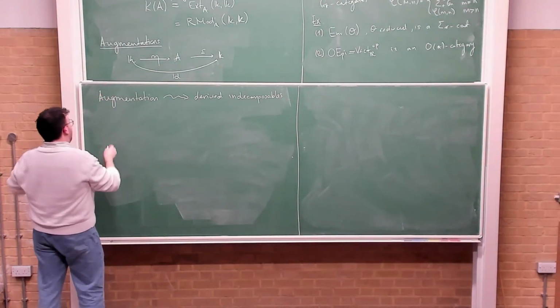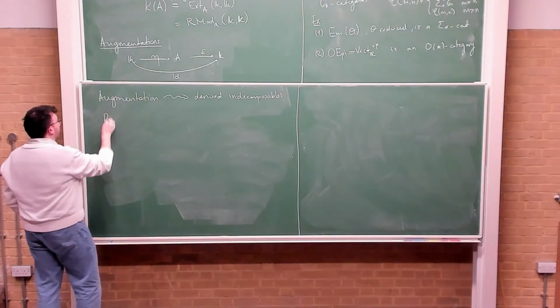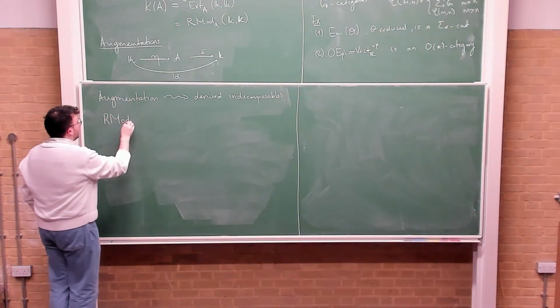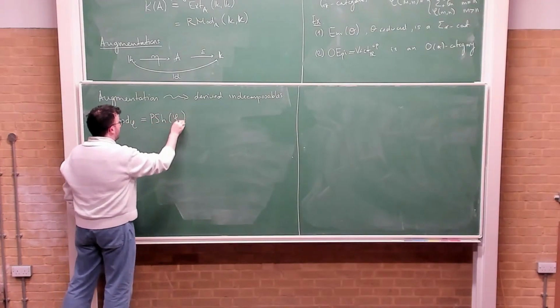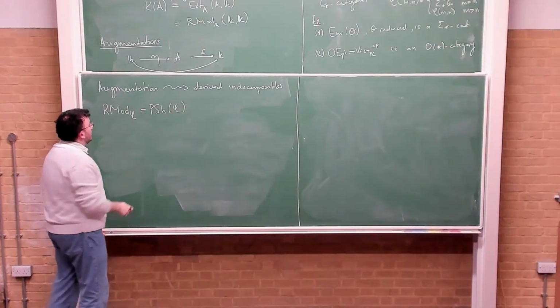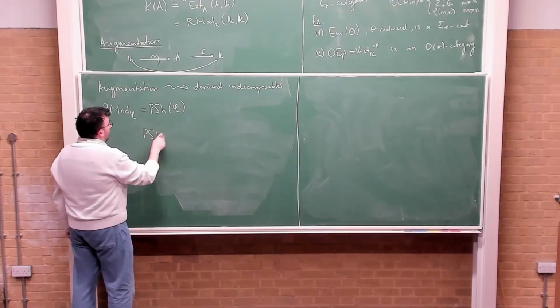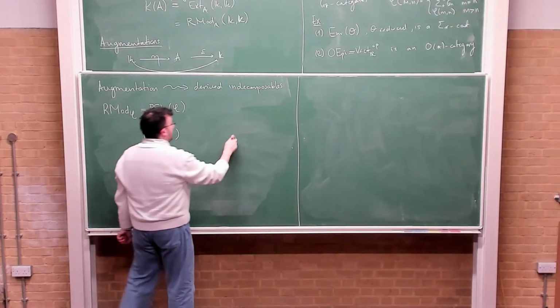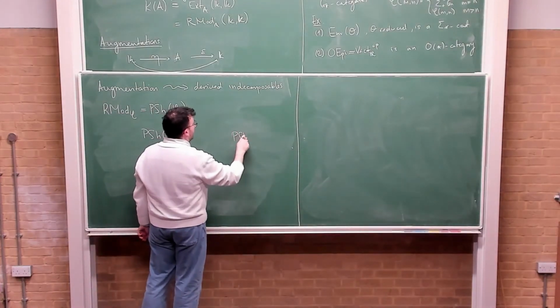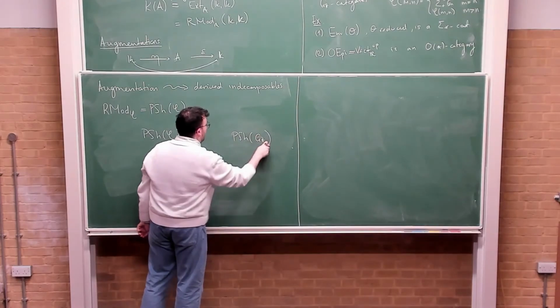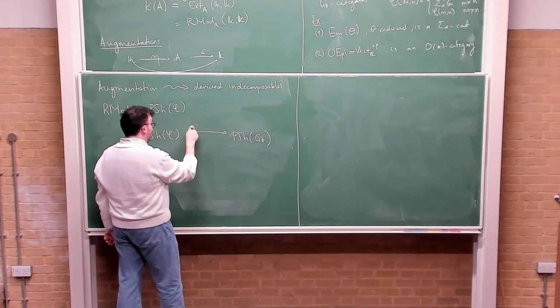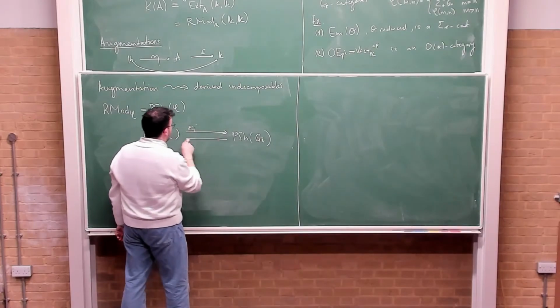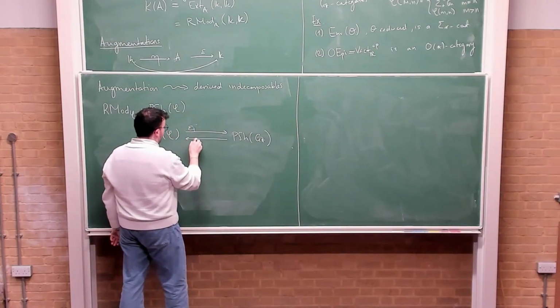For example, if I have a right module over such a C, take pre-sheaves on C, and then I have pre-sheaves on C and pre-sheaves on G star, and I can left Kan extend along the augmentation, or restrict it.